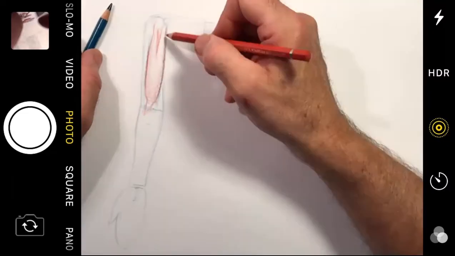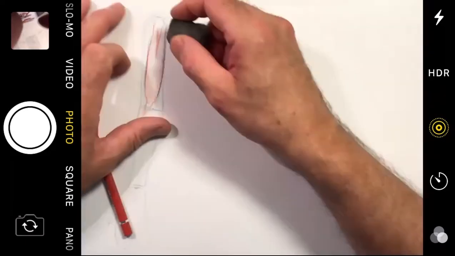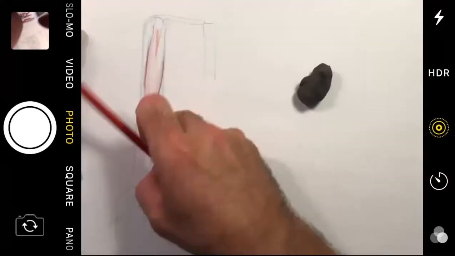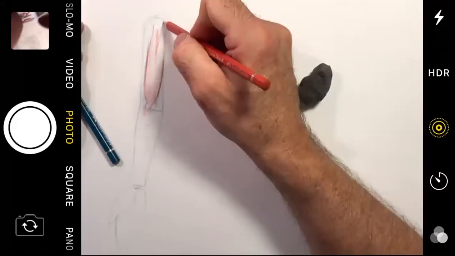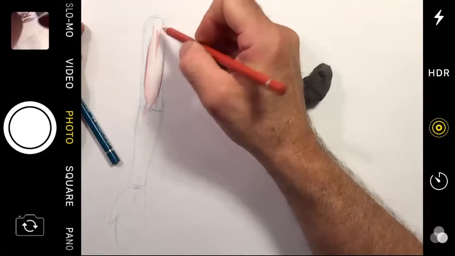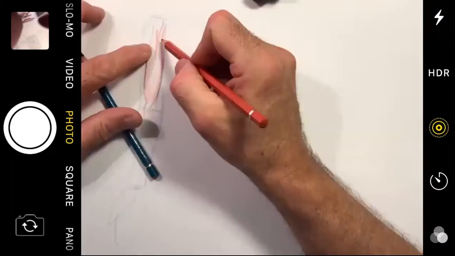And actually, maybe I should make this a little bit thinner, because it's tendon. When you hear tendon, it's going to be thinner, and it builds up the volume here, because at this point we'll be under the pectoralis.